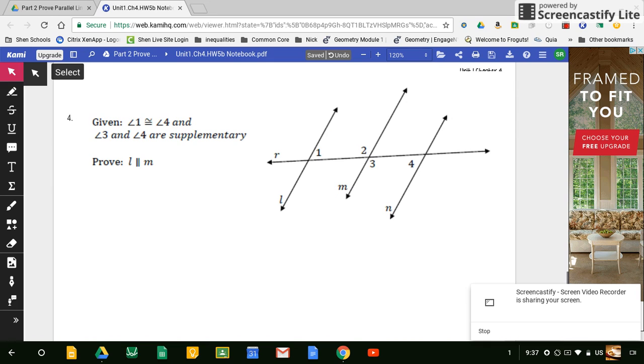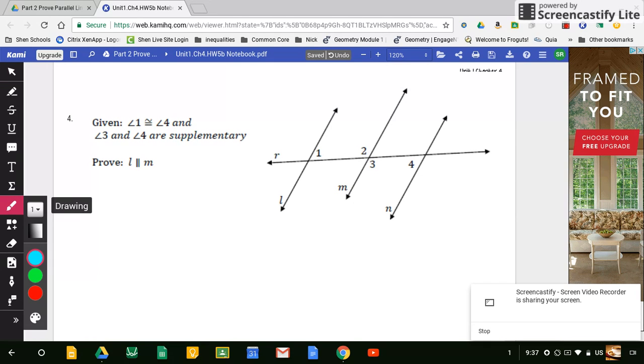And last but not least, lots of words, several lines, but let's see if we can do it. Angle 1 is congruent to angle 4. Great. I'll tell you right now, as soon as I read that, I actually know that L has to be parallel to N, just to point it out, because 1 and 4 are alternate interiors, so we can have those parallels if we wanted to. 3 and 4 are supplementary.